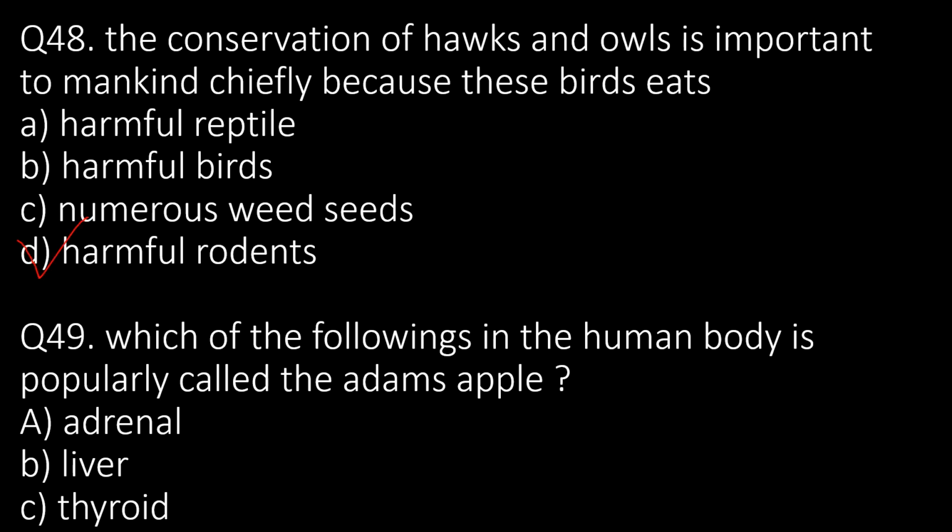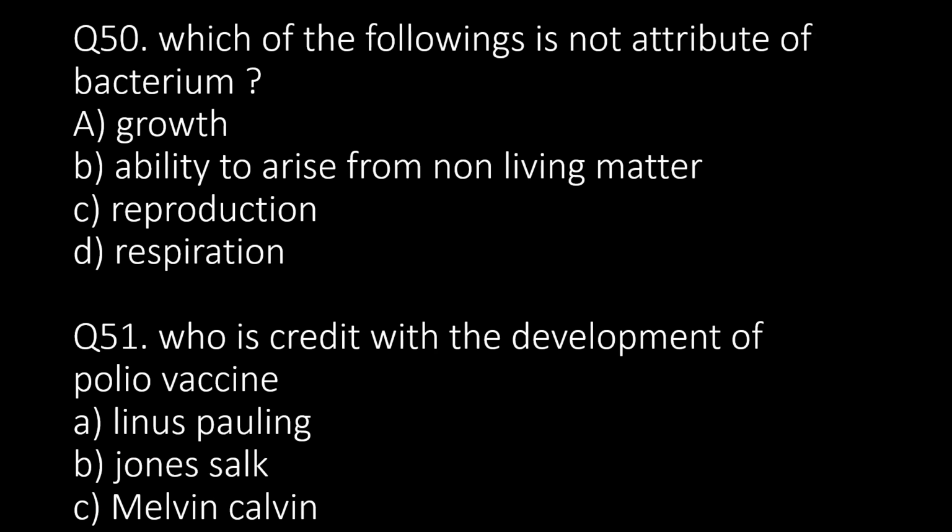Our next question is, which of the following in the human body is properly called the Adam's apple? The right answer is option C, thyroid. Our next question is, which of the following is not an attribute of bacterium? And the right answer is option B, ability to arise from non-living matter.